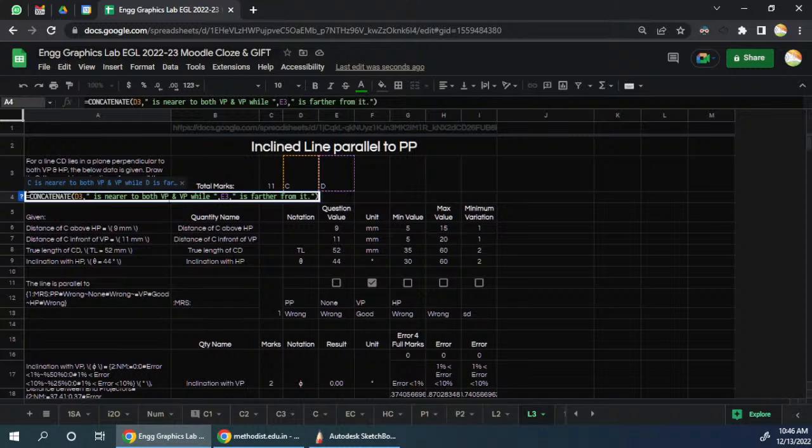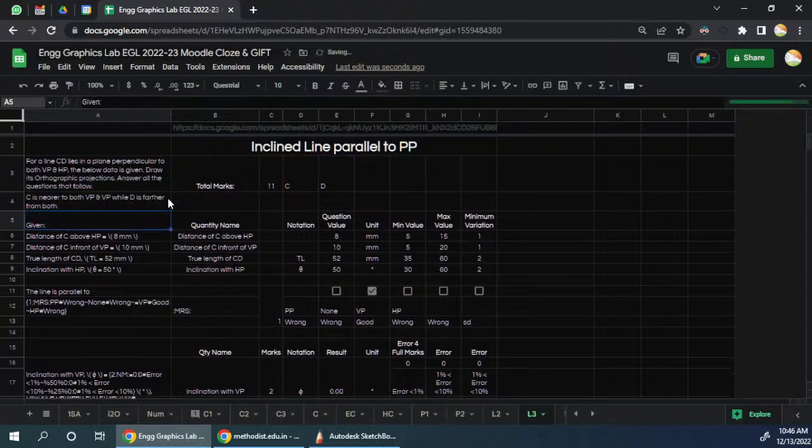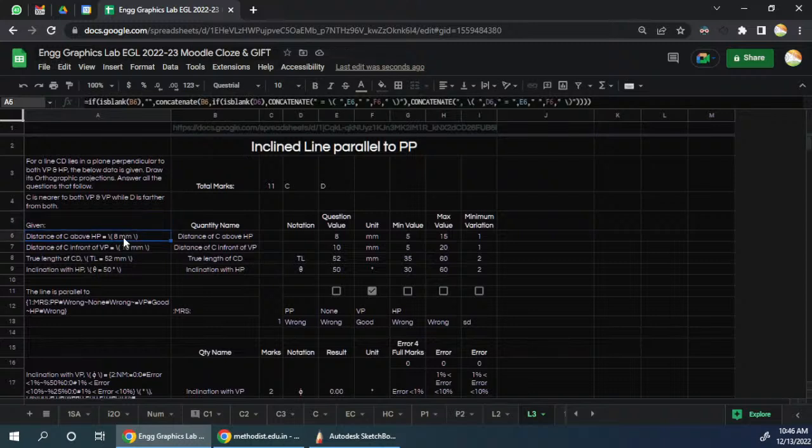Further both. Okay, so this is going to be complicated.